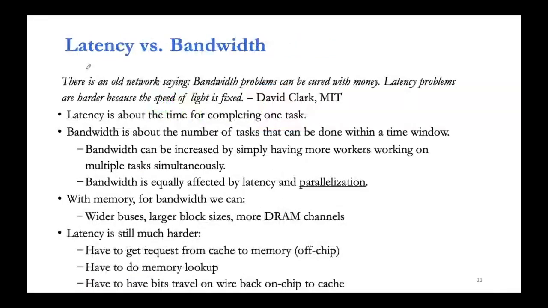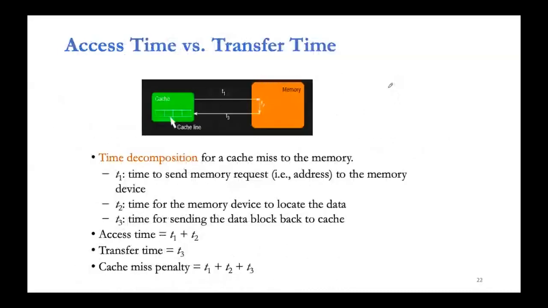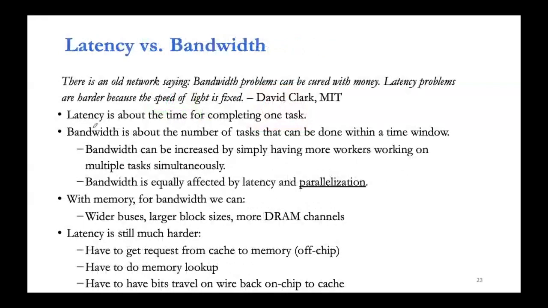In latency and bandwidth, latency is about the time for completing one task. As we said, sending the request, locating it, and sending it back, completing that task. That we call latency.